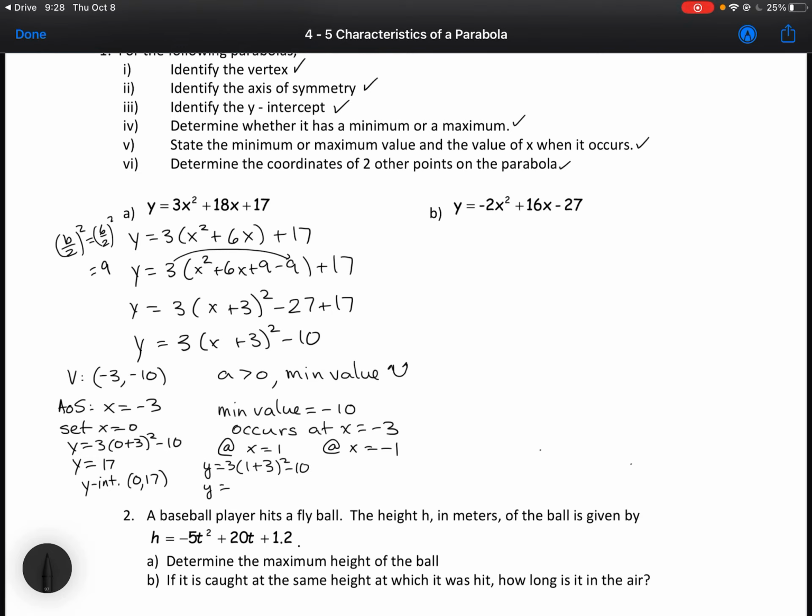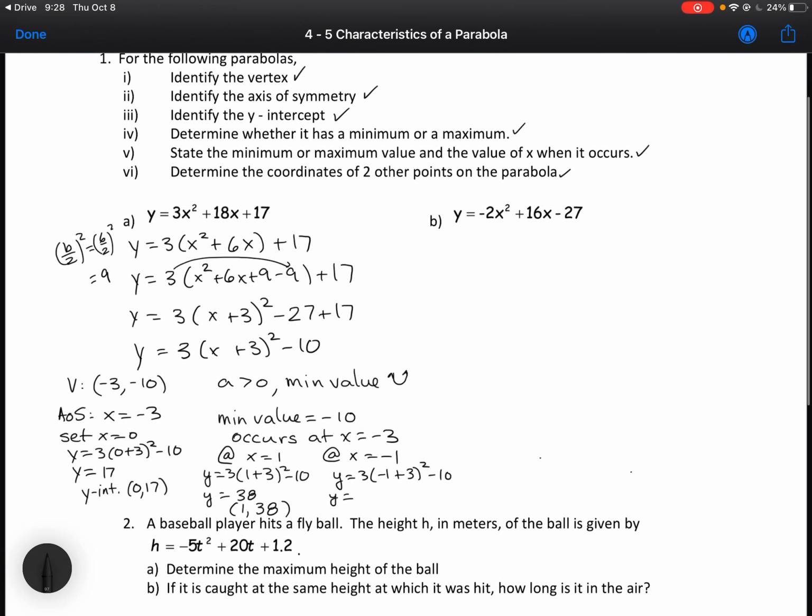Y would equal 3 times 16, which would be 48, minus 10 would be 38, so that would be one of my points, 1, 38. And then I'm going to substitute in minus 1, so I've got minus 1 plus 3 squared minus 10. And then I've got y equals 3 times 2 squared, which is 4. So 3 times 4 is 12, minus 10 is 2. So that would be another point on my parabola, minus 1, 2.